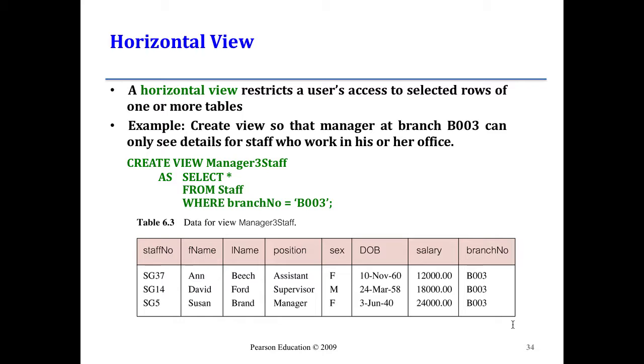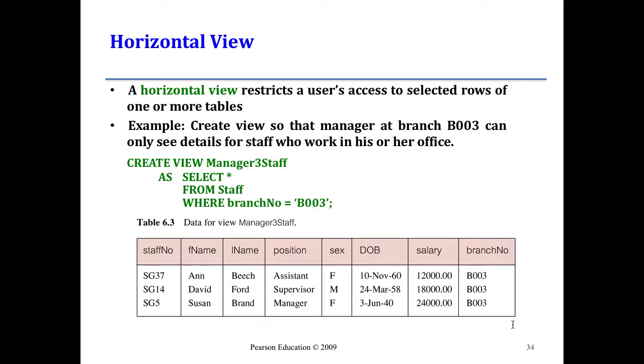In the example you see here, we are restricting the view to employees or staff who are in the branch whose ID is B003. So it might be that this is a view prepared for the branch manager of branch B003, and we don't want that manager viewing the details for other branches.